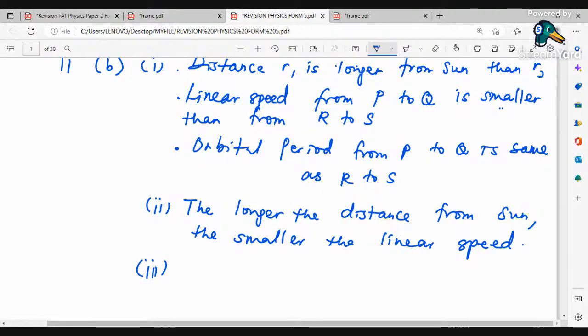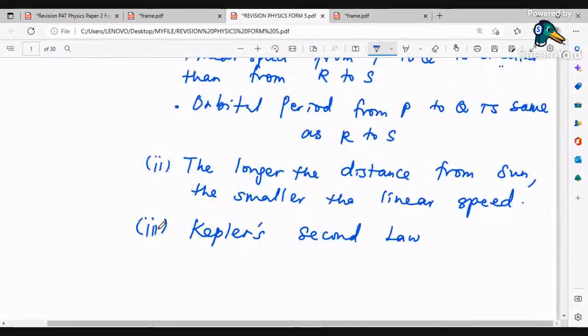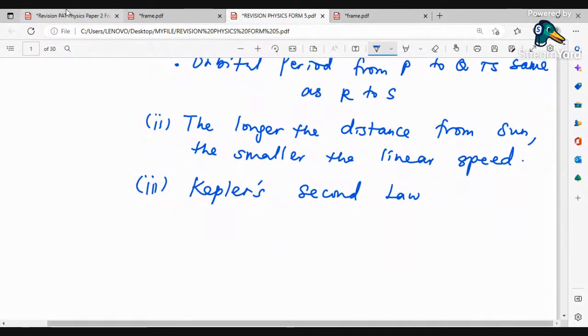Third, okay, what is the law related? Kepler's second law. Okay, law of area. Okay, next. Go to the next part.